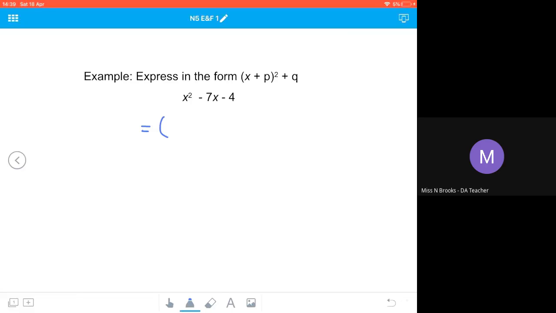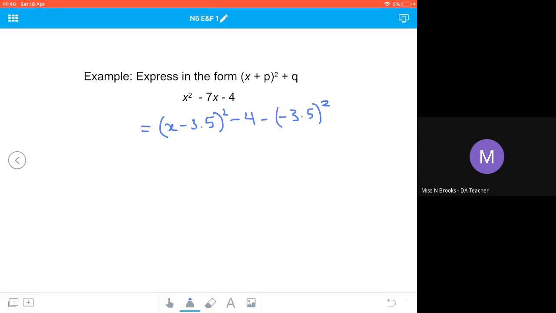We've got an x. Half of -7 is -3.5. And that's all squared. And then we're going to take away 4, and we're going to take away -3.5 all squared. Now -3.5 squared is 12.25.